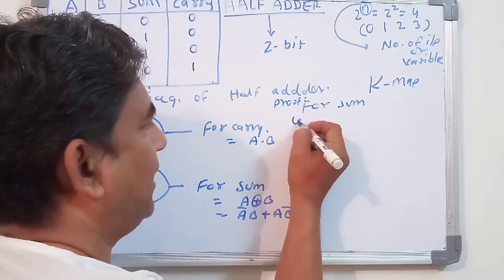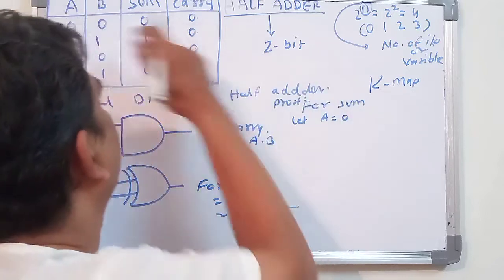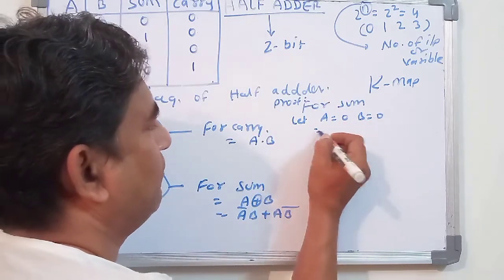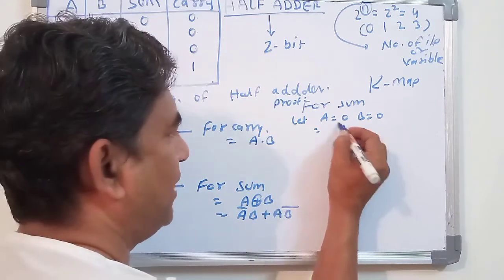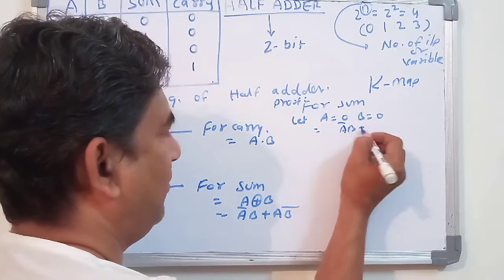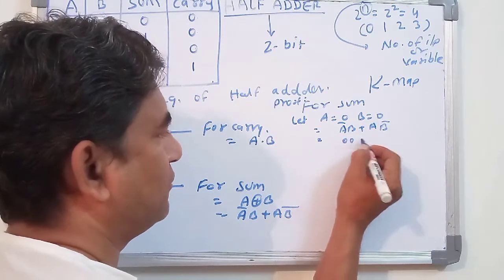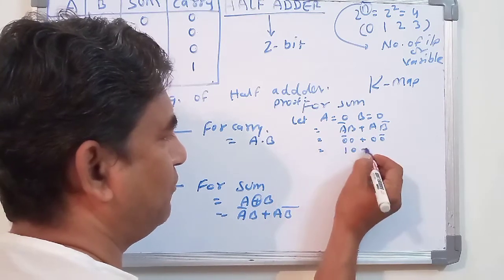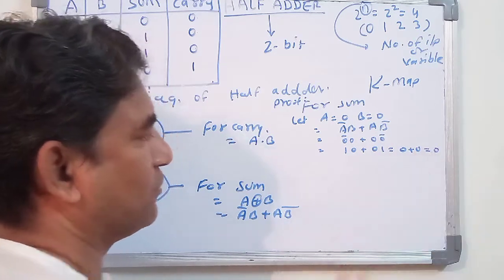For sum, let a is equal to 0 and b is equal to 0. As you know, a bar b plus a b bar, you write down the equation. Here you will obtain 0 bar 0 plus 0 0 bar, that is 1 0 plus 0 1, so 0 plus 0 is equal to 0.